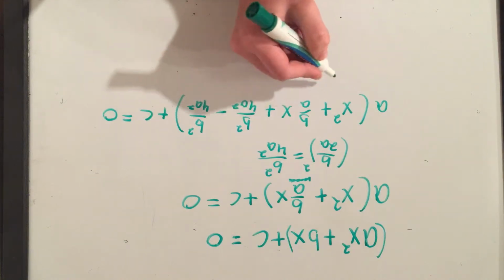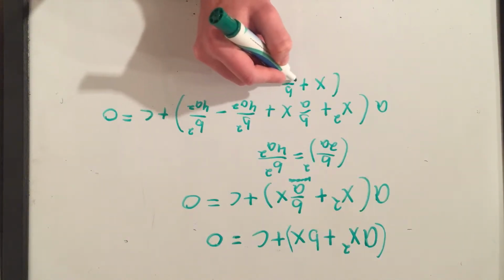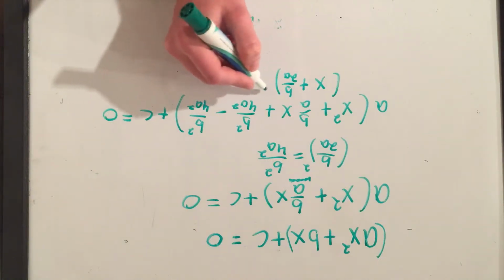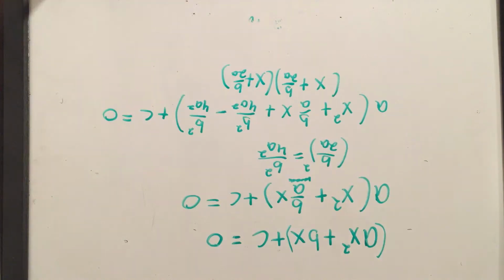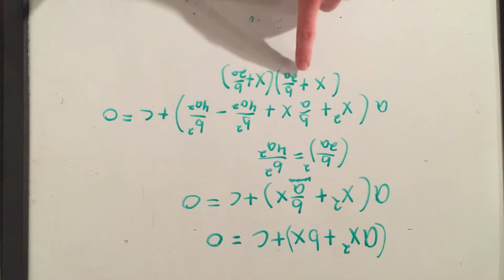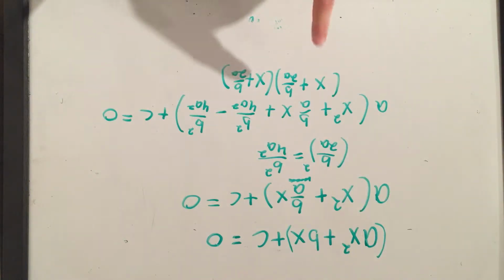This will factor into x plus b over 2a times x plus b over 2a, right? This is because b over 2a times b over 2a will be b squared over 4a squared, and b over 2a plus b over 2a will be b over a.